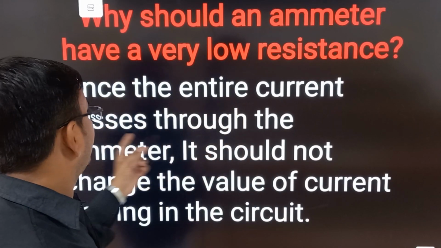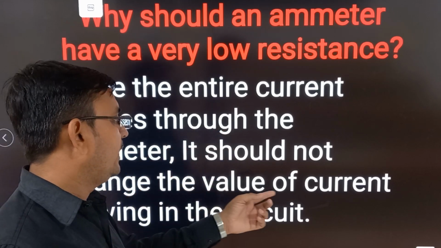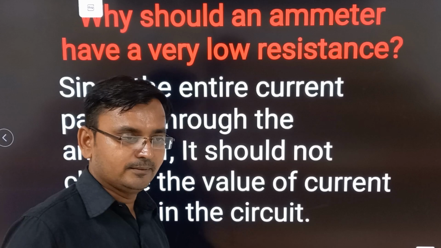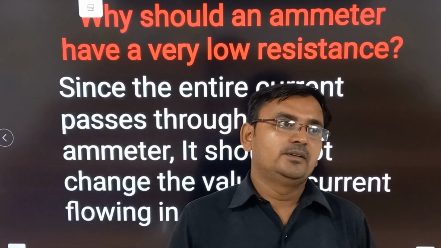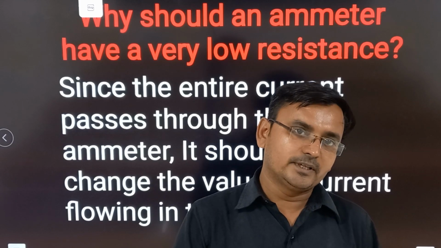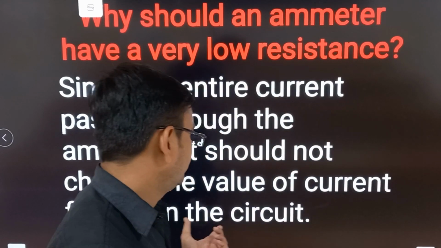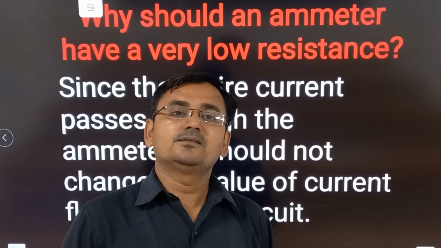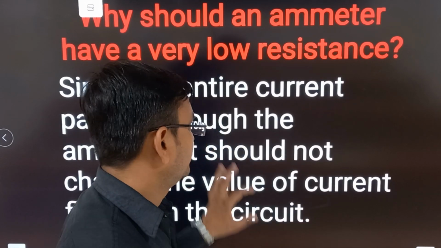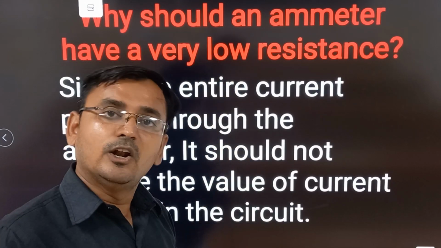Since the entire current passes through the ammeter, it should not change the value of current flowing in the circuit. By Ohm's law we can say that whenever the resistance is high, current decreases. It means current will change, so it is not convenient for us. Due to this reason, an ammeter has a very low resistance.